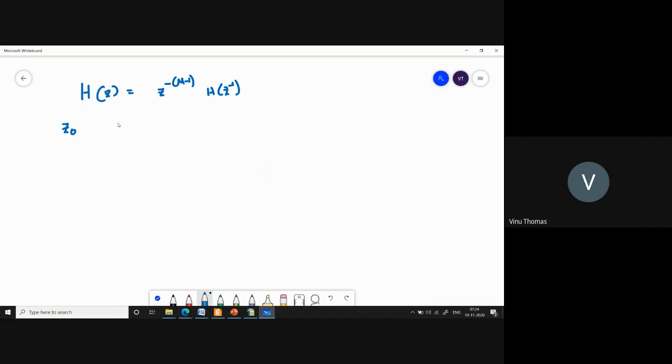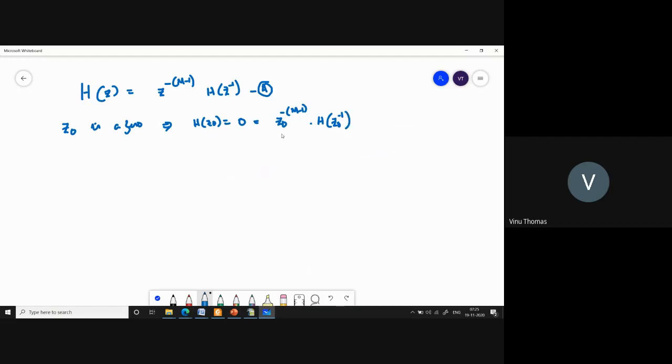So z naught is a 0, which implies that H(z naught) is 0, which is equal to, as per our equation A, z naught raised to minus (M minus 1) into H(z naught raised to minus 1).